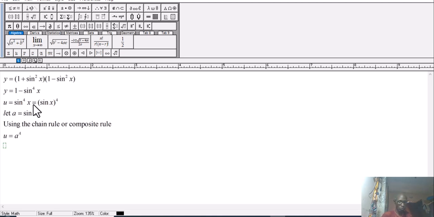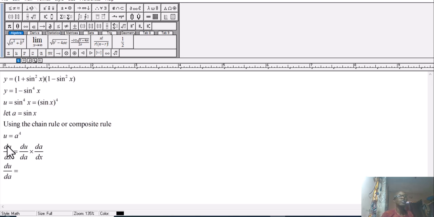So now we have du/dx, which will be equal to du/dA times dA/dx. So let's start: du/dx equals, okay, du over dA.